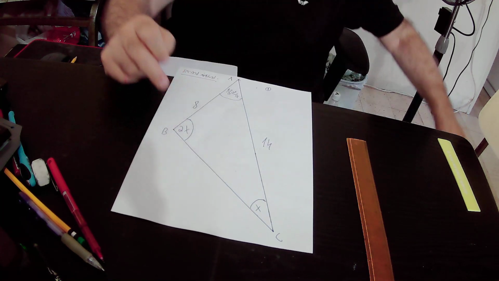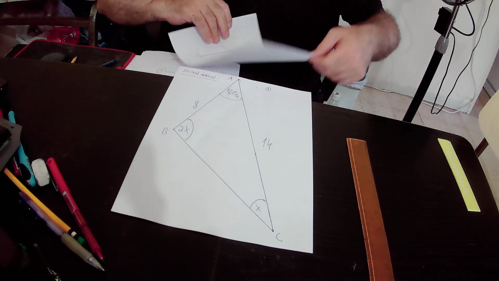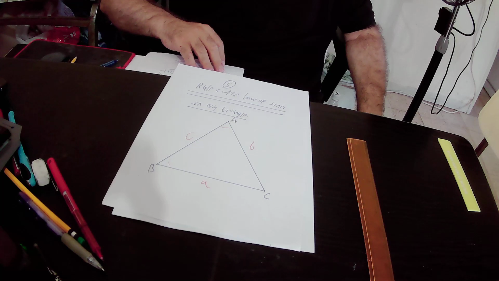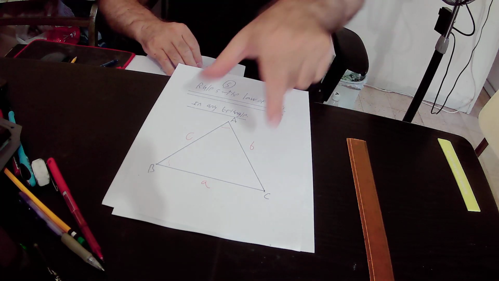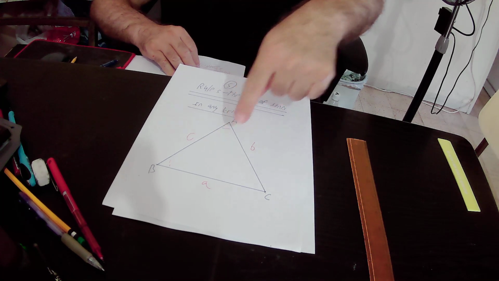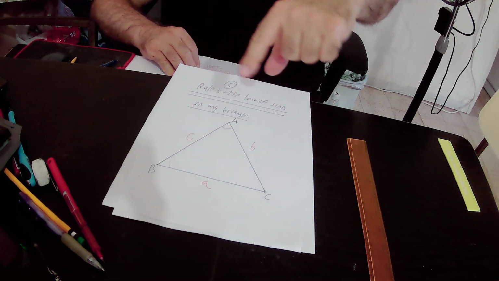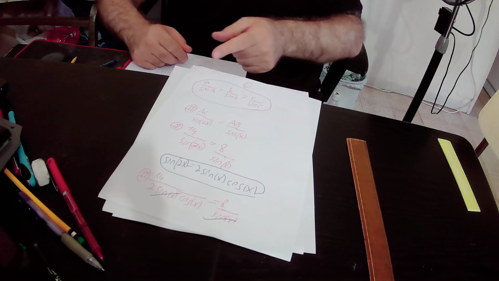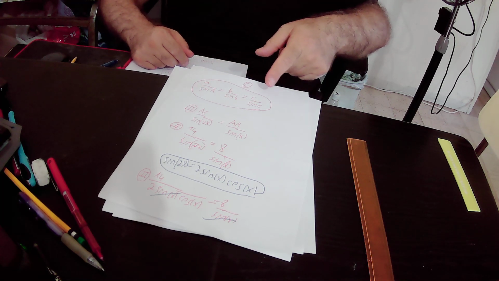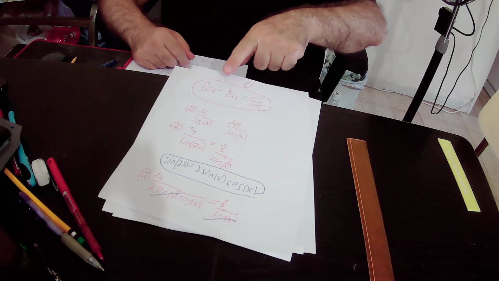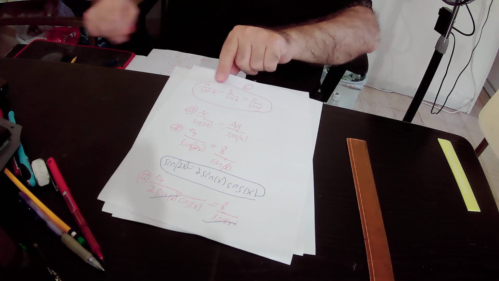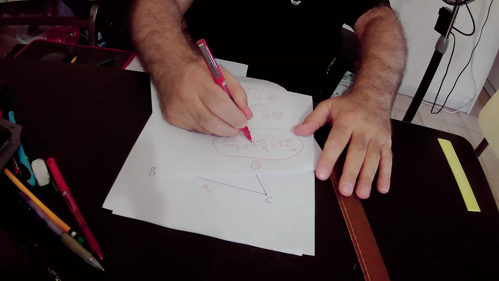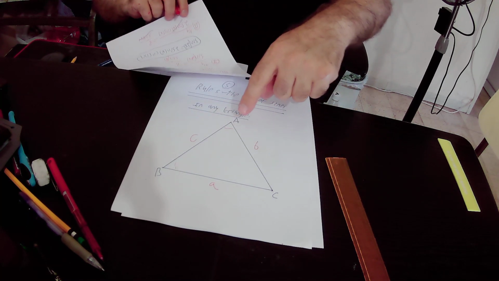Okay, then I presented to you rule number 5, that is actually the law of sines. According to the law of sines, in any triangle, a over sine A equals b over sine B equals c over sine C. Here capital A, capital B, and capital C are also the sizes of the angles.